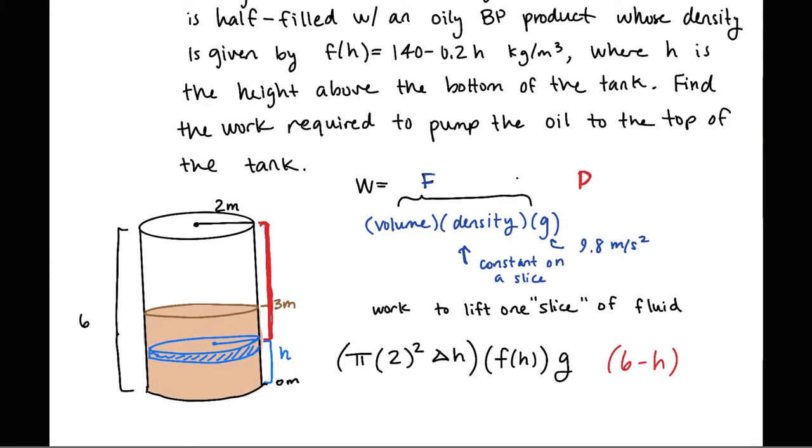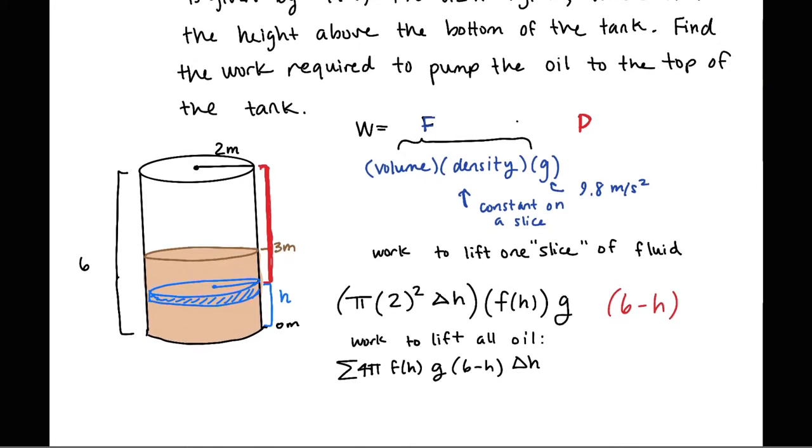fluid out. So if I wanted to look at the work to lift all the slices of fluid out, I would go ahead and I would add up 4 pi, f of h, g, times 6 minus h times delta h. And what am I letting go to 0?